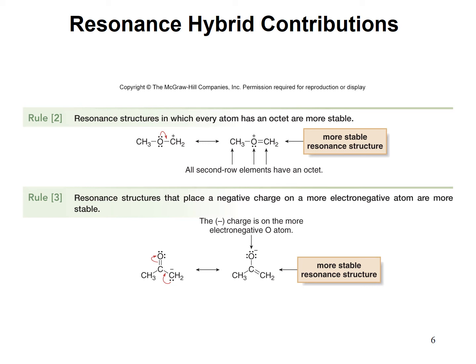Finally, resonance structures that place a negative charge on a more electronegative atom are more stable. If we take acetone and remove a hydrogen and leave these electrons around, it is more stable to draw the resonance form in which the oxygen has the negative charge, even though we took the hydrogen away from the carbon.